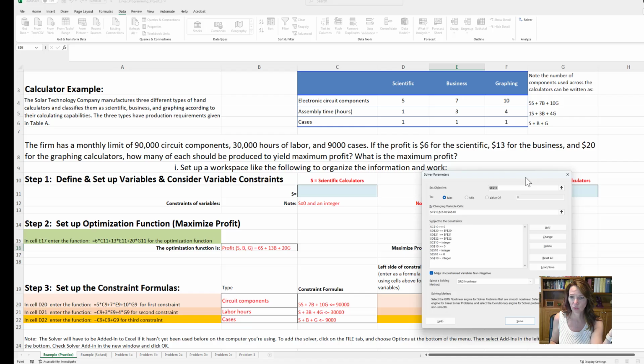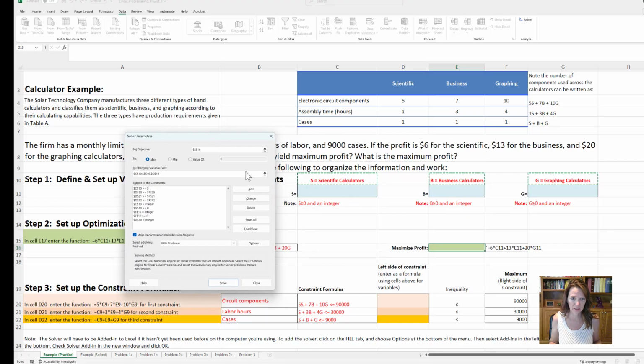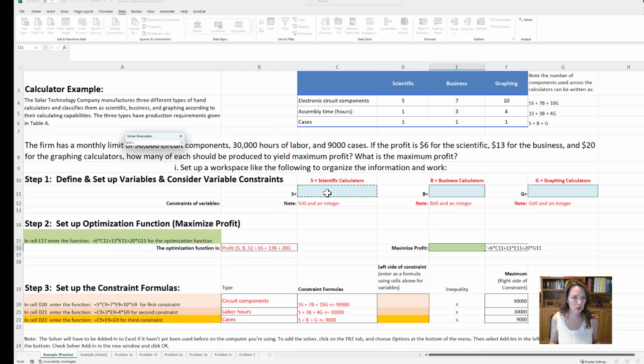So at this point, we need to put in the objective function. That will be that green colored cell. By changing my variables, I'm going to select each of the light blue variables. So we're selecting the variables.